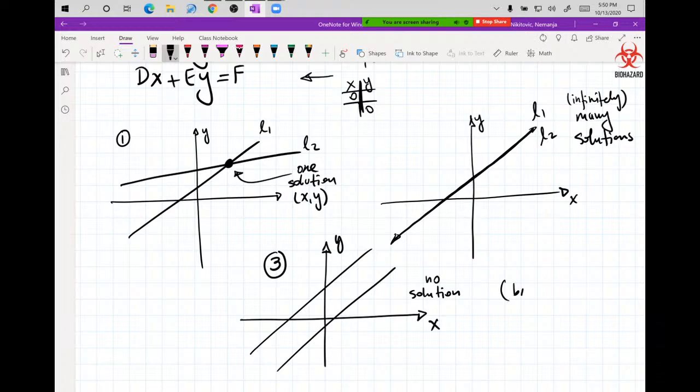And I can say over here, because lines are parallel, so they never cross. Right? And if they don't cross, you cannot come up with a solution. So these are the three cases that you can run into when you are solving the system.